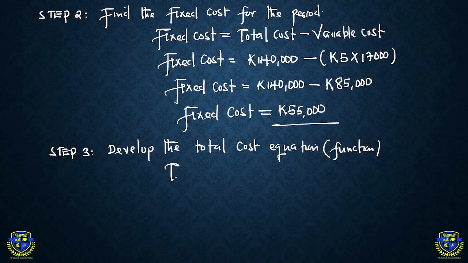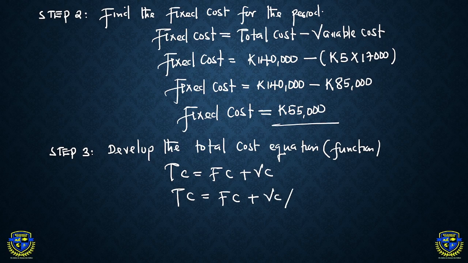So here we know that total cost is equal to fixed cost plus variable cost. The variable cost is the variable cost per unit multiplied by quantity, which is the level of activity.